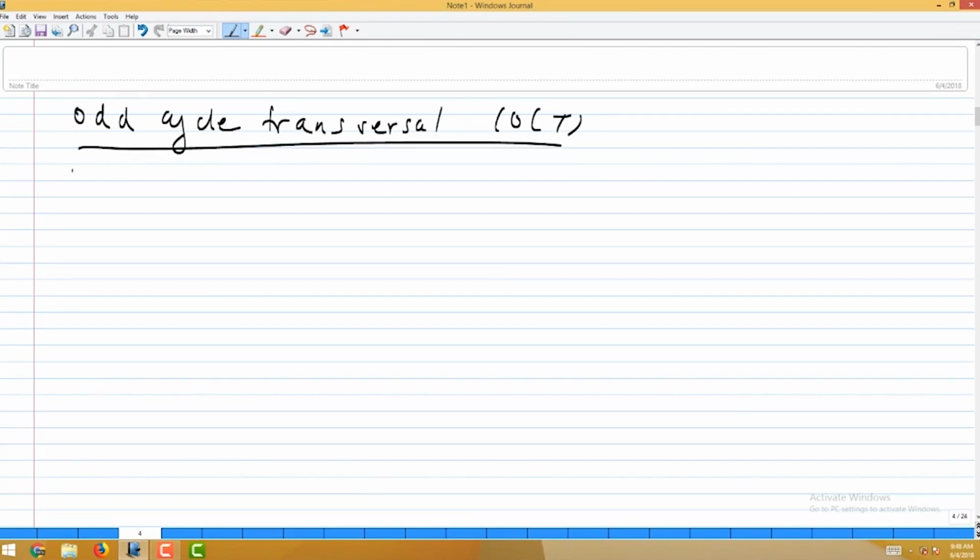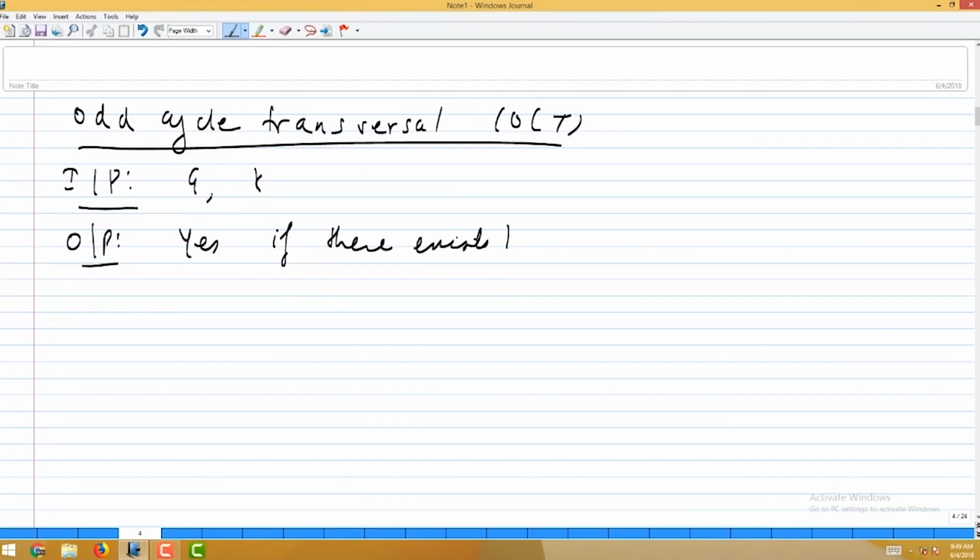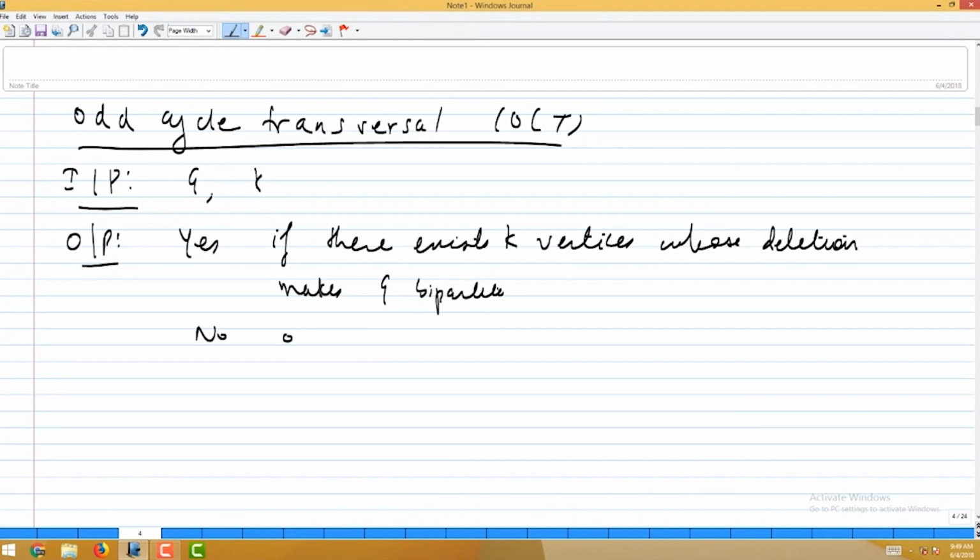Given a graph G and an integer k, you output yes if there exist k vertices whose deletion makes G bipartite, and no otherwise.